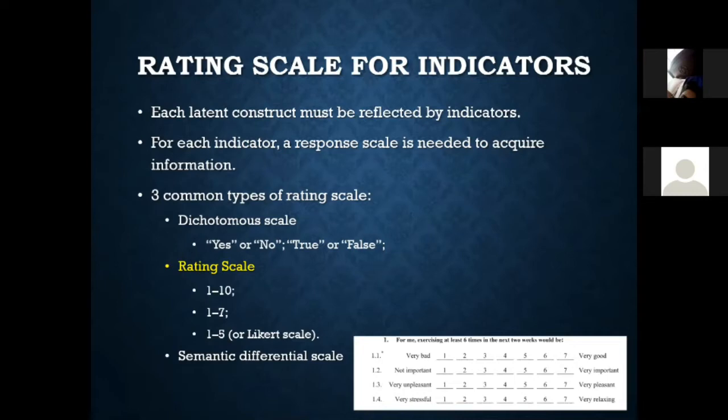The first one is the dichotomous scale or binary scale: yes, no, for instance; true, false; high, low. So there are only two categories in the scale. Another one is the rating scale. The rating scale can be a 1 to 10 rating scale, 1 to 7, or 1 to 5.